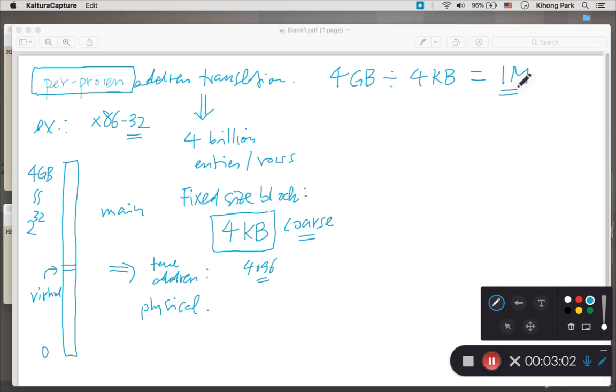So 1 million entries. And that's of course much smaller than the 4 billion entries that we would have needed, and that would have been just for one process. With hundreds, with thousands of processes, this of course becomes too much. Even with this shrinkage of having 1 million rows, it's still a lot.